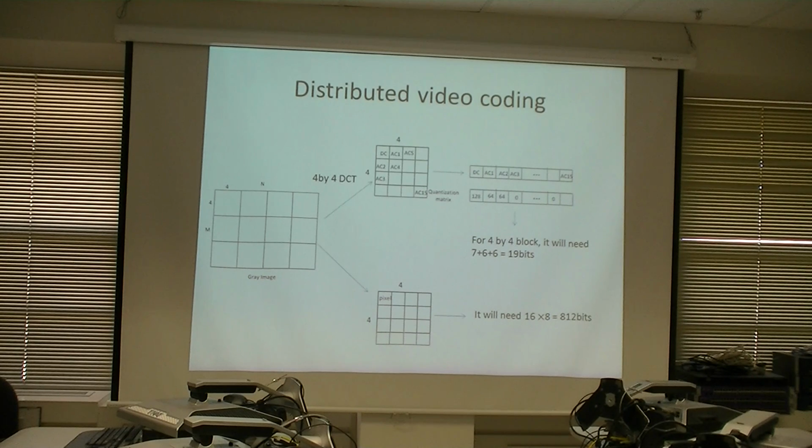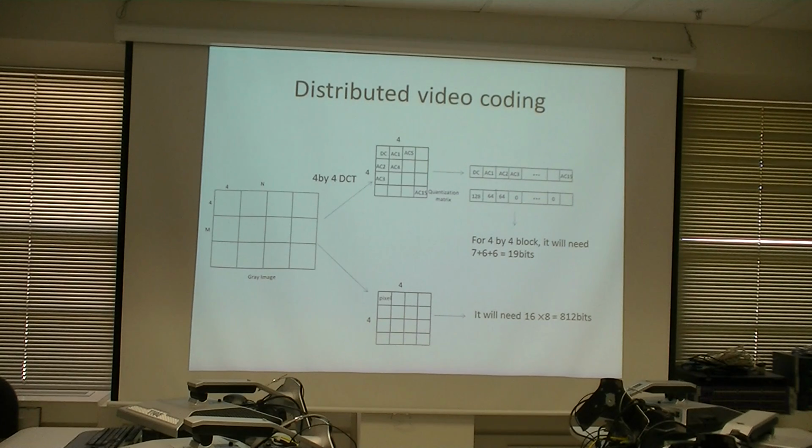And another question: is distributed video coding one of the branches of distributed source coding, or are they different? We just use distributed source coding in video coding. Suppose we have two frames. One frame is a key frame. The other frame is called the interframe.